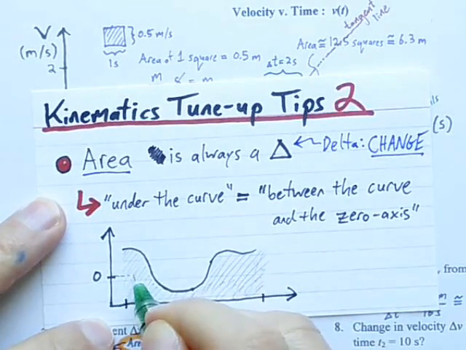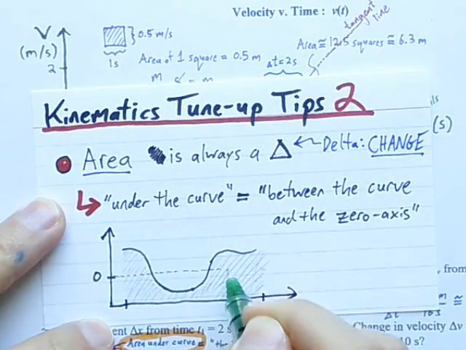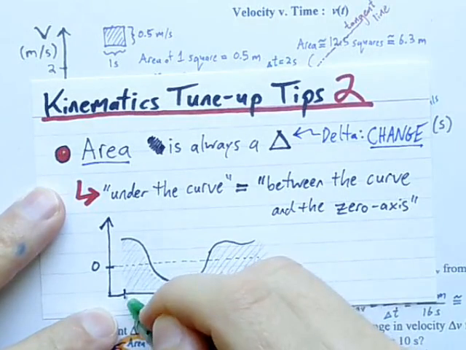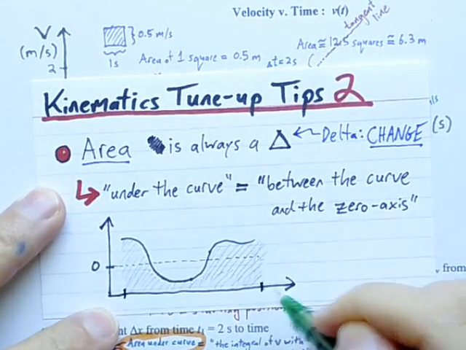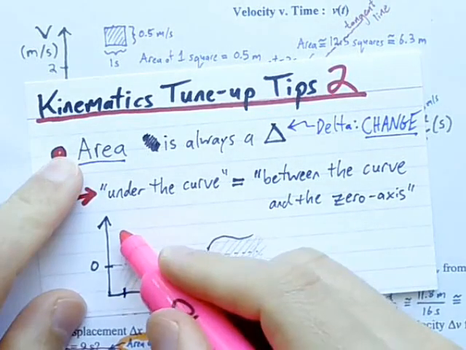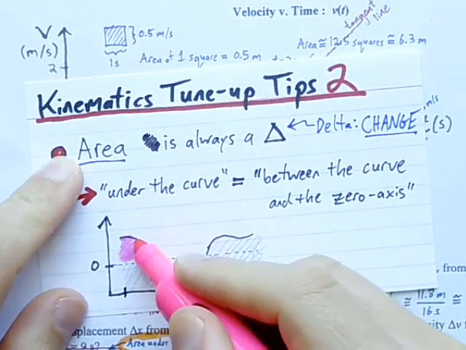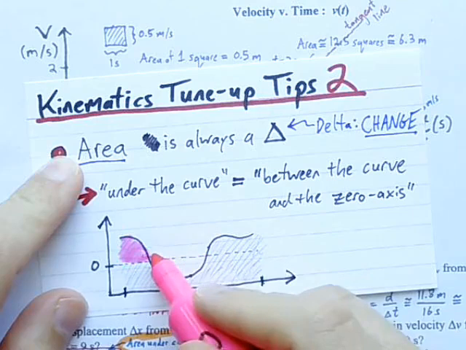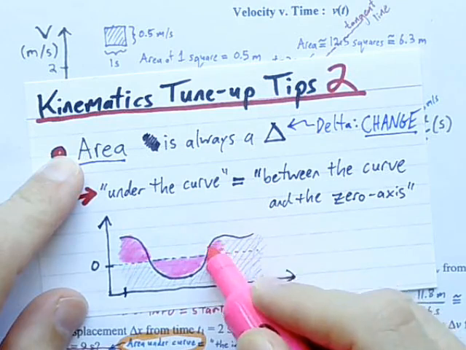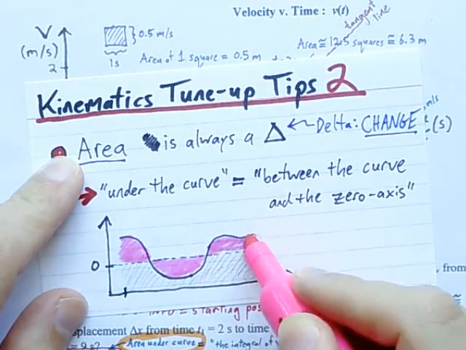So if our 0 axis is here, and we want to find the area from this moment in time to this moment in time, then the area we want is that between the curve and the 0 axis. So not the gray shaded area that I pre-shaded, but this area here.